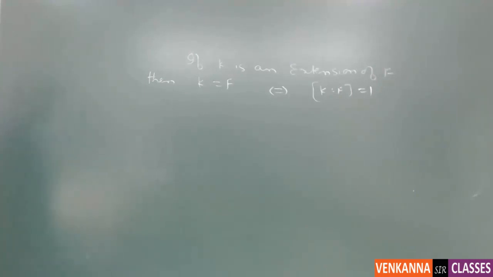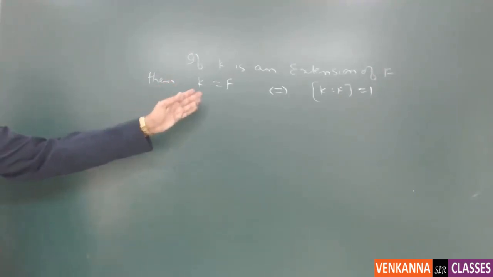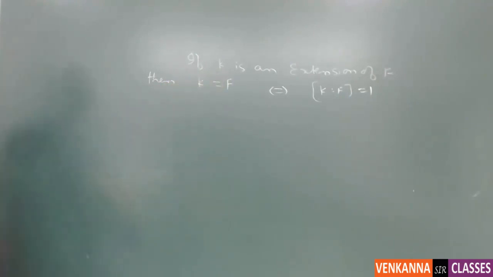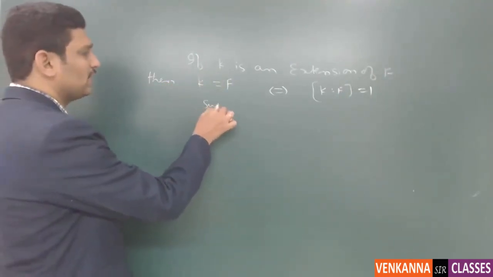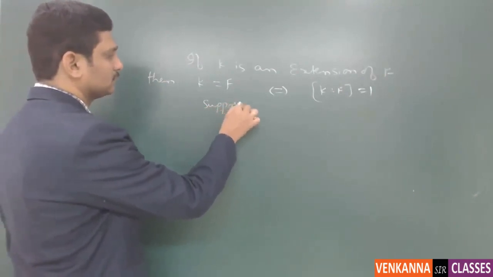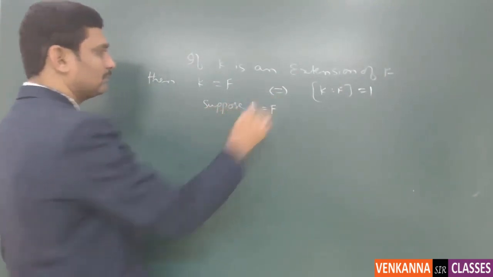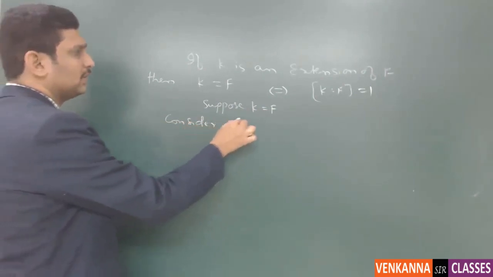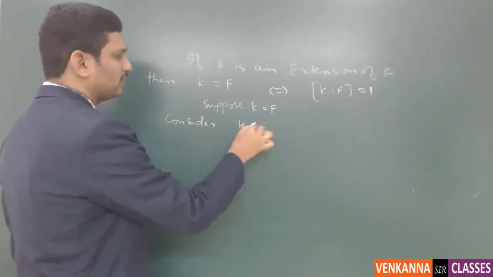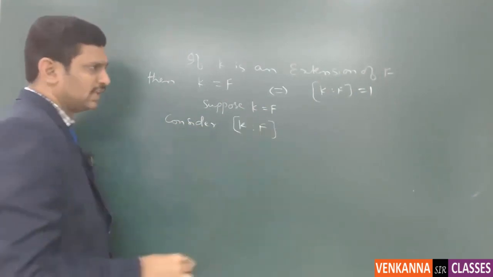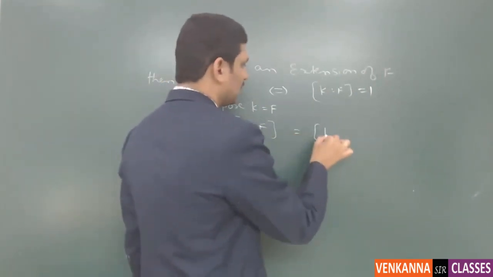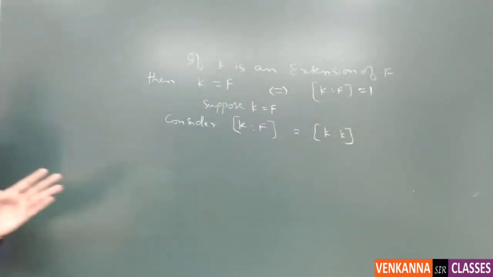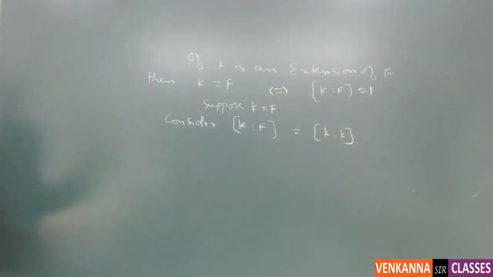Right. Now, it contains the main part as well as the converse part. Let us take the main part. Suppose K is equal to F. Now you consider the dimension of K over F. It is nothing but K over K, or you can write it as F over F, whatever the case may be.